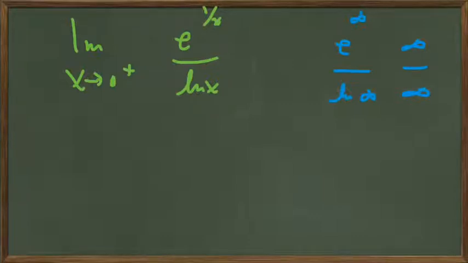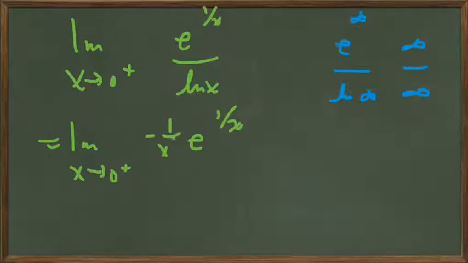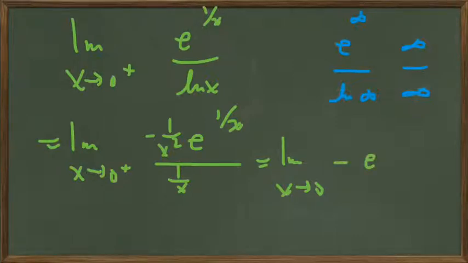That says we can apply L'Hopital's rule to it. Take the derivative of the top, and we get the same exponential times the derivative of its exponent, divided by the derivative of the bottom, which upon simplification gives us the limit as x goes to 0 plus of minus e to the 1 over x over x.